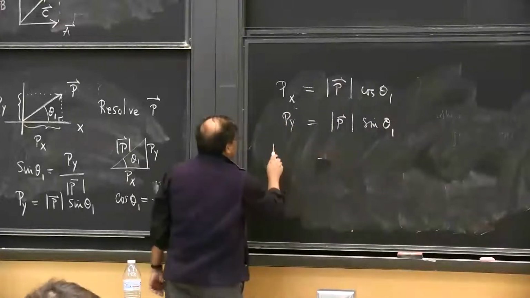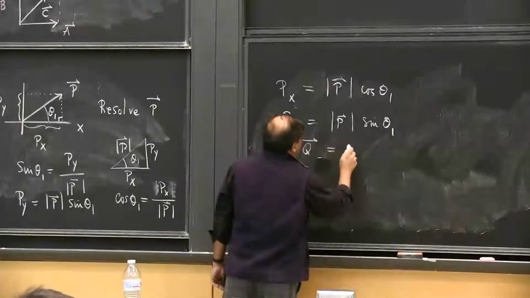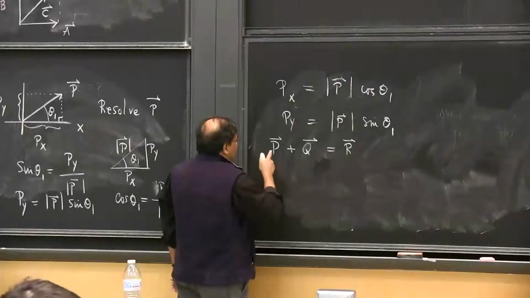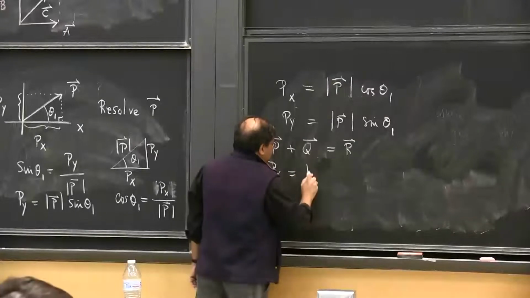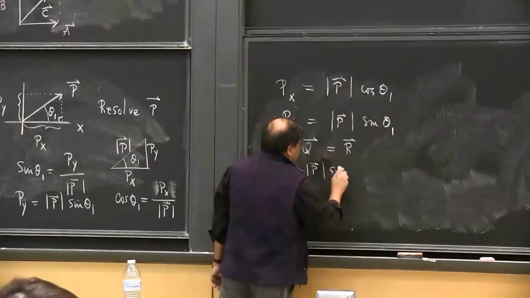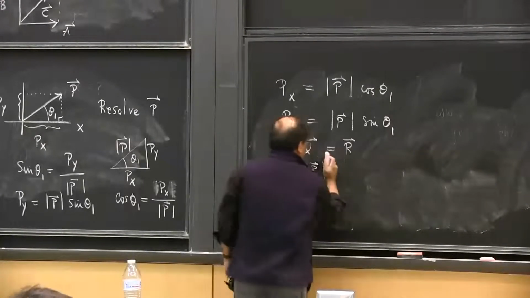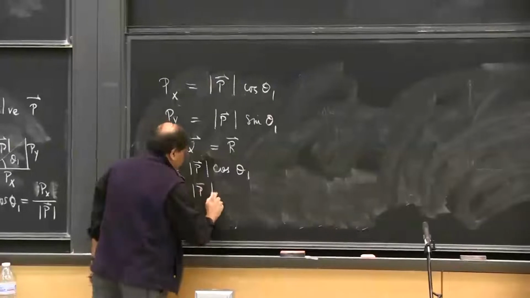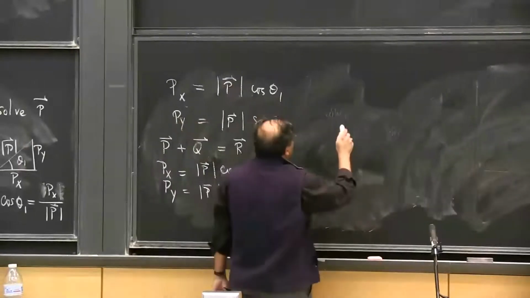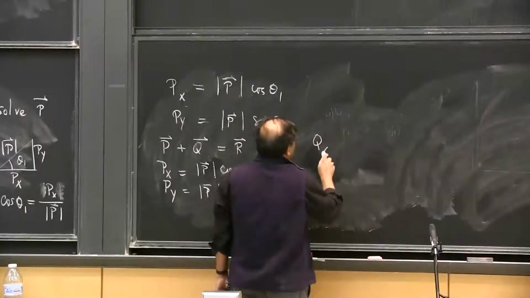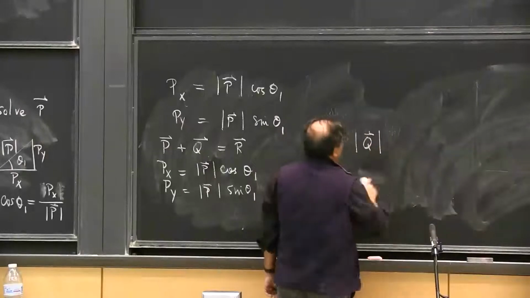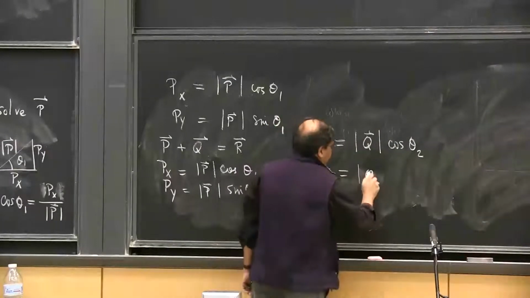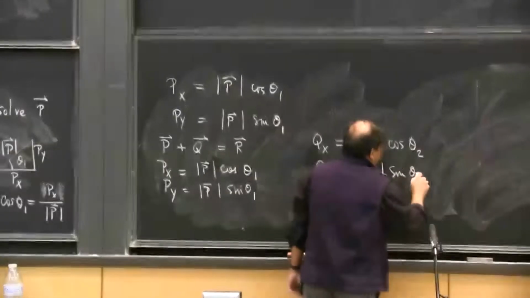So if I'm adding P plus Q equal to, let's say, R, I give it some name, then it is important to notice that I can write P sub x, which is P cos theta 1, P sub y as P sine theta 1, and in the very same vein, I can write Q sub x as Q cos theta 2, and Q sub y, I can repeat what I did without any further work, Q sine theta 2.